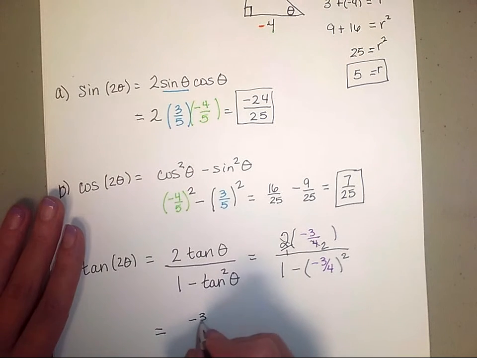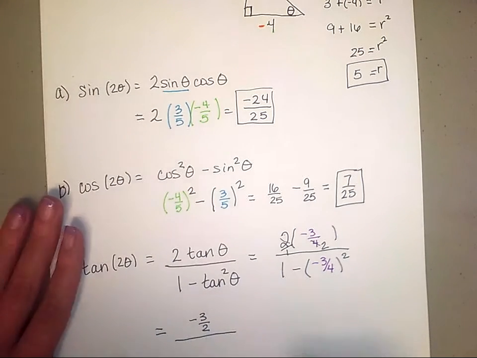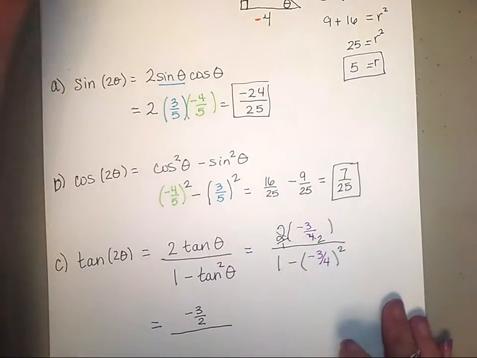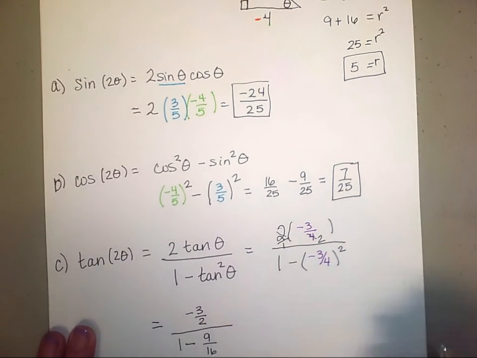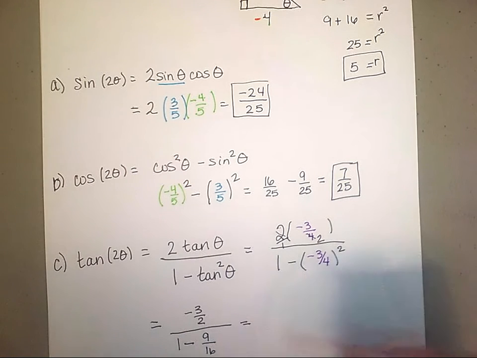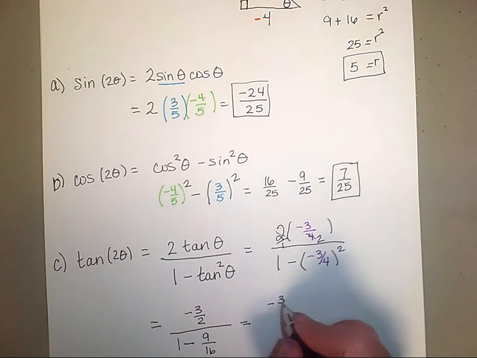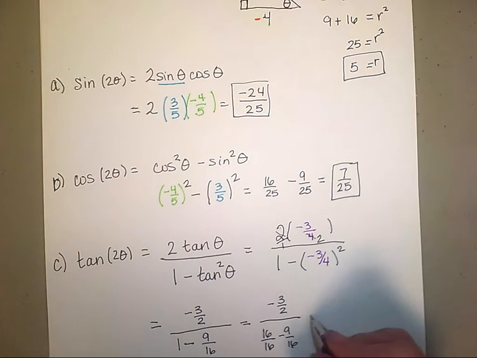So up top we have negative 3/2 over 1 minus negative 3/4 squared is 9 over 16. So this is negative 3/2 divided by 16 over 16 minus 9 over 16.